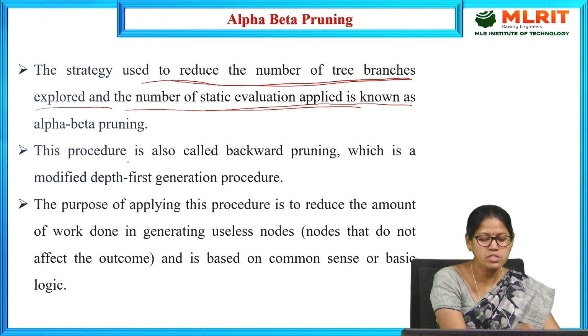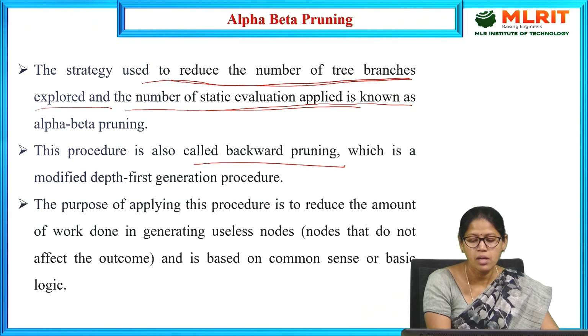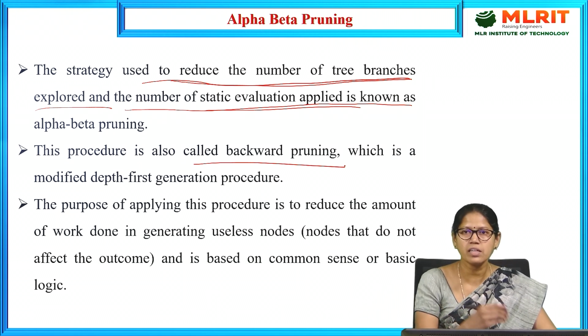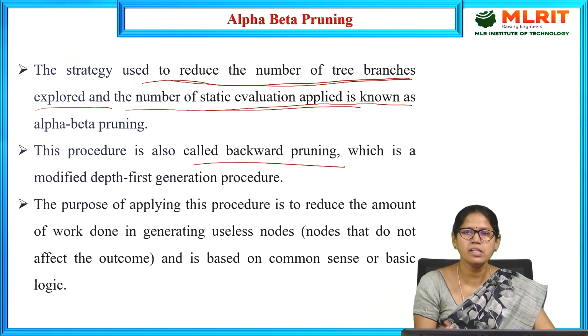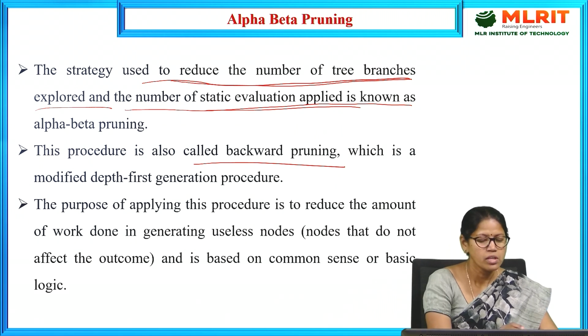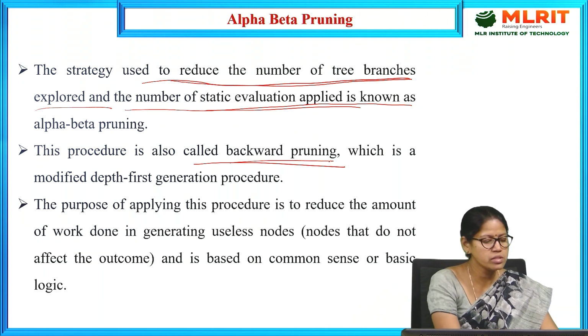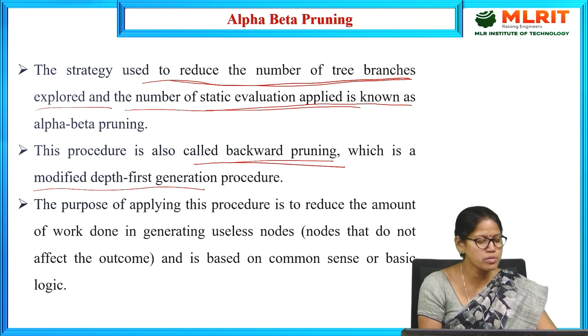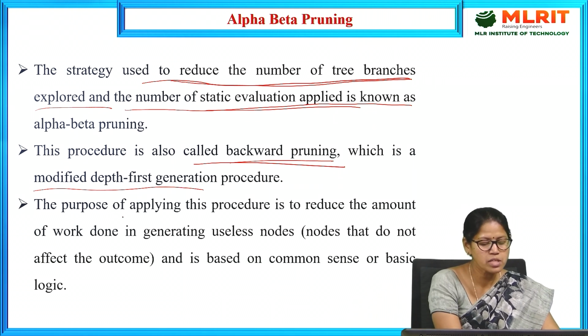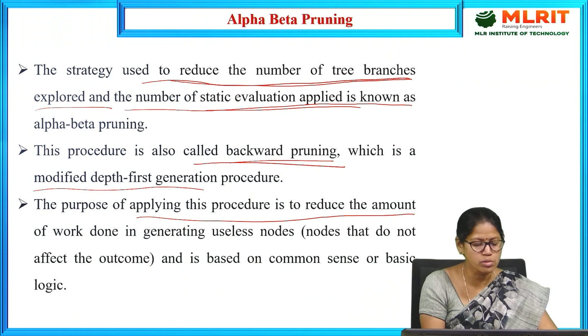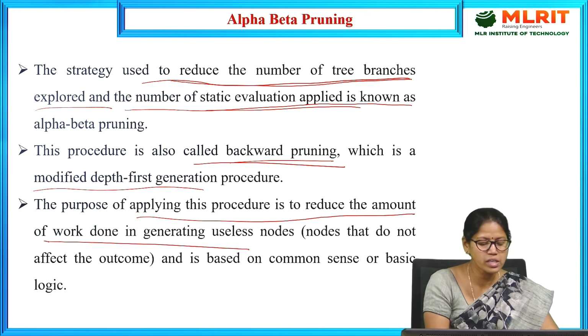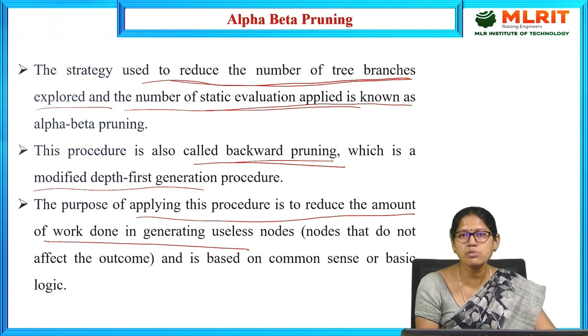This process is also called backward pruning. First we start with the leaf nodes and go level by level until we reach the root node. This backward pruning is used to modify the depth-first generation procedure. The purpose of applying this procedure is to reduce the amount of work done in generating useless nodes.